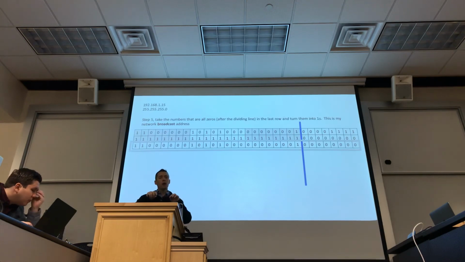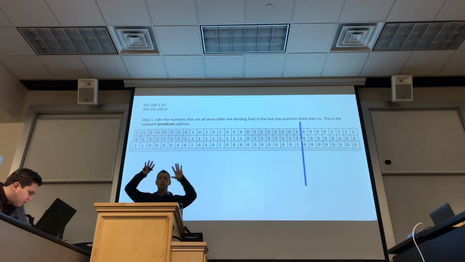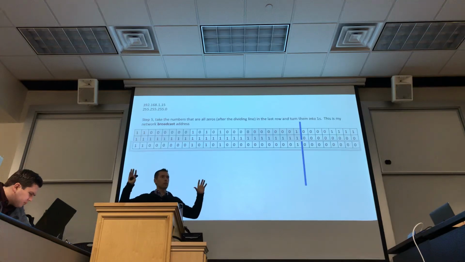At layer 3, we can send it to everything within a particular subnet, and that's critical. That means we could be crossing switches, going to everything within a particular subnet space, which could be 65,000 addresses, 16 million addresses. That's why the broadcast address is important.